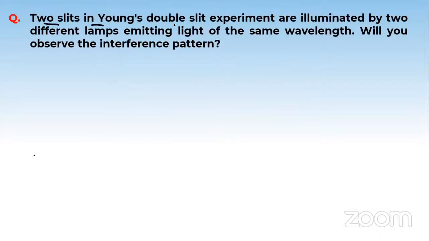Two slits in Young's double slit experiment are illuminated by two different lamps emitting light of the same wavelength. Will you observe the interference pattern?